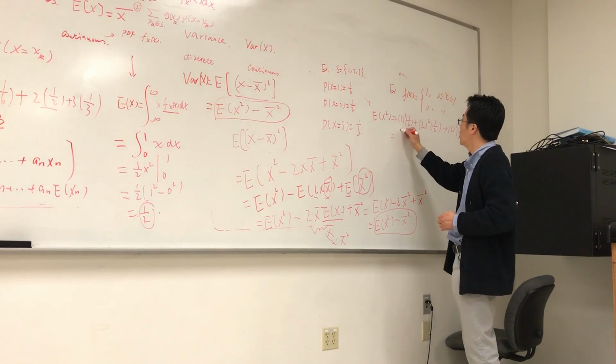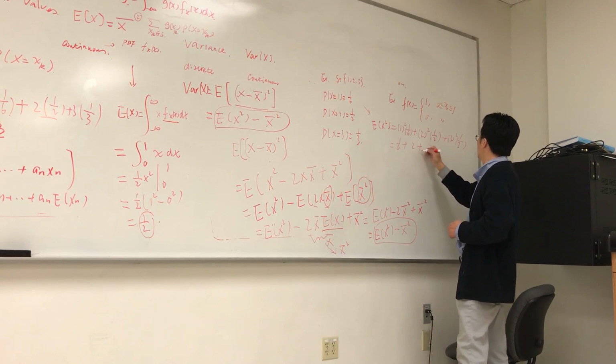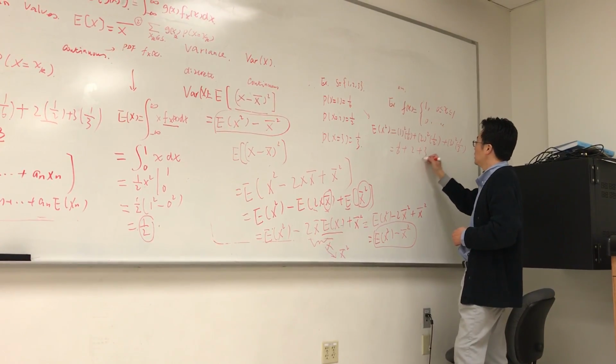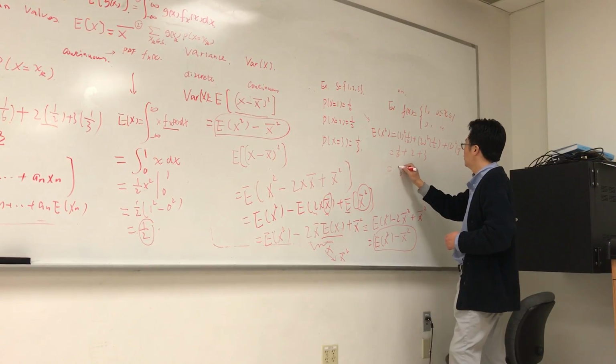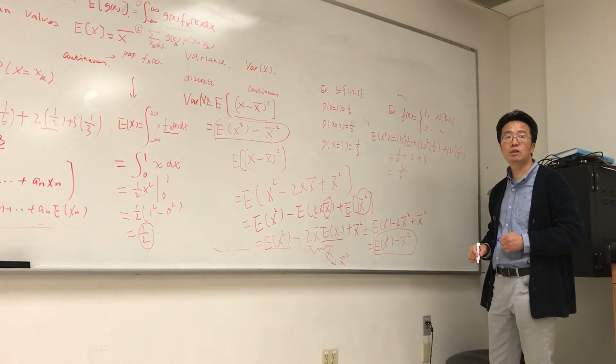So this gives us 1/6 plus 2 plus 3, which is 31/6. Does that make sense?